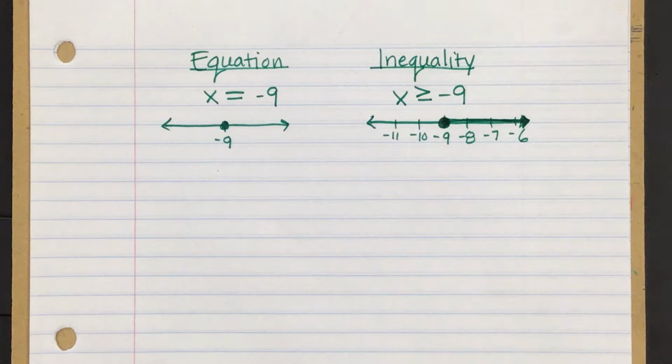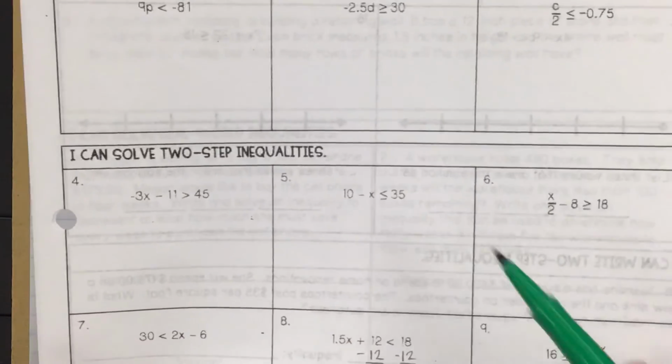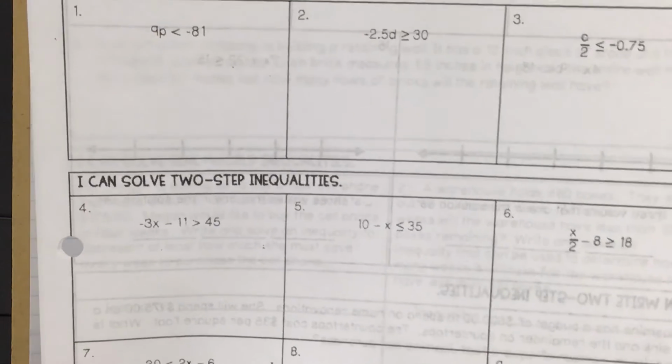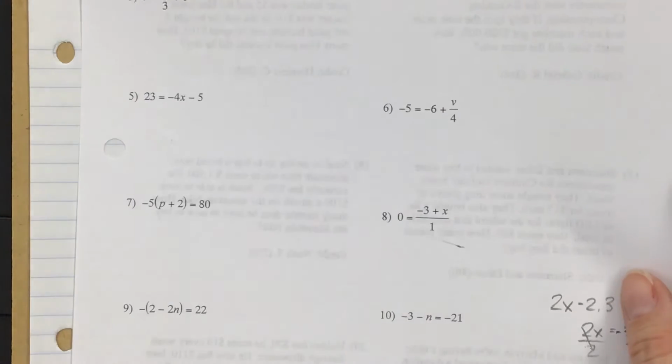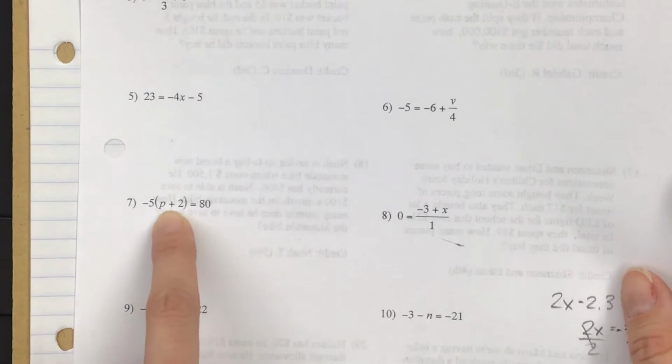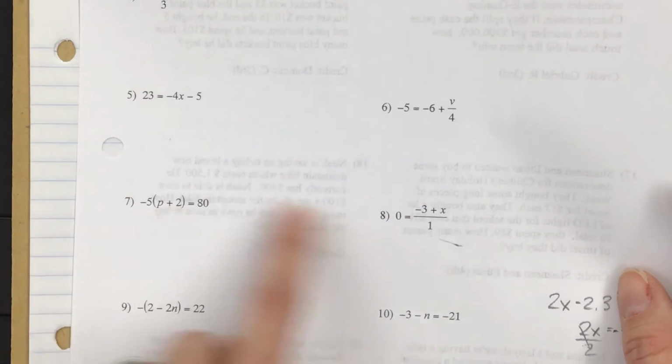Oh, yeah, those are great questions. And when we're talking about inequalities, we never do grouping. We never do inequalities with grouping. That's not part of the standard. But when we have equations, we need to be able to solve them when they have grouping. Like here we have grouping, here we have grouping, here we have grouping. So those are really good ones to look at.